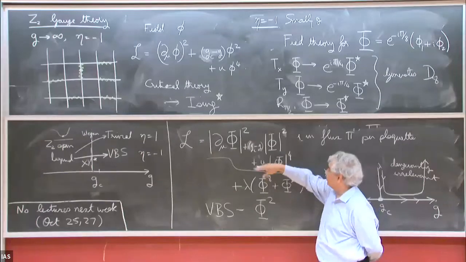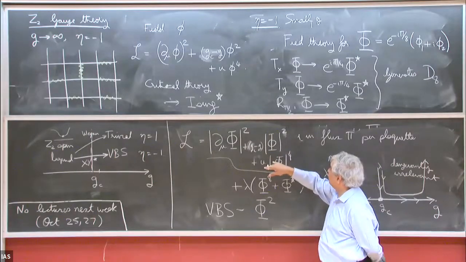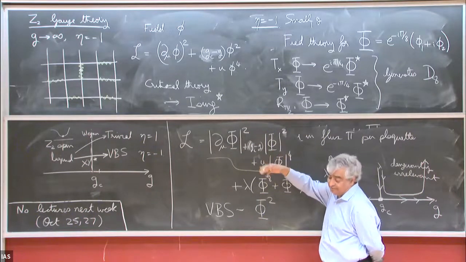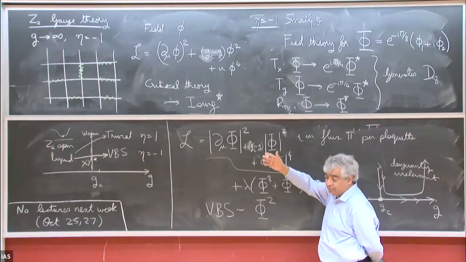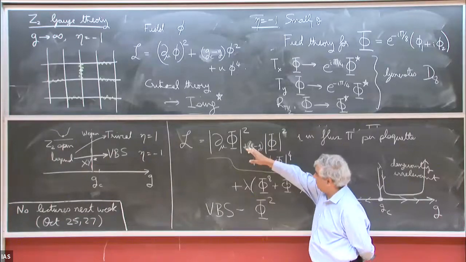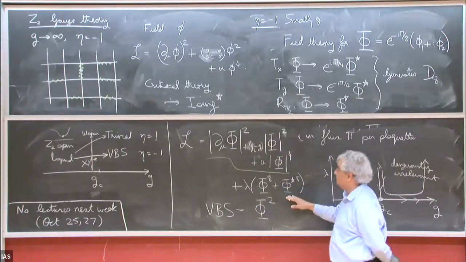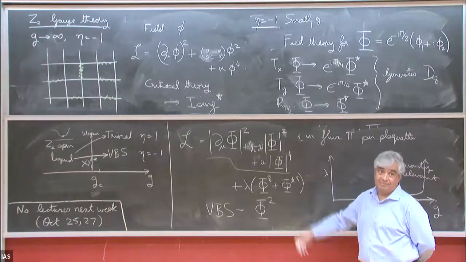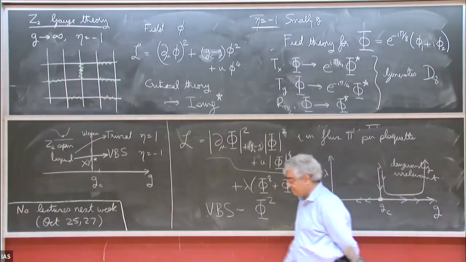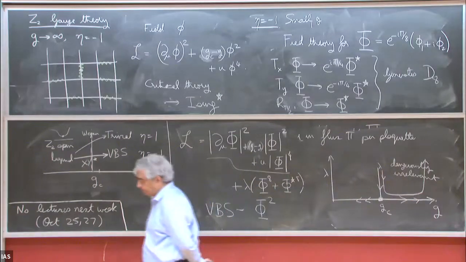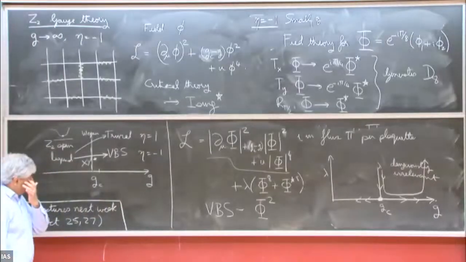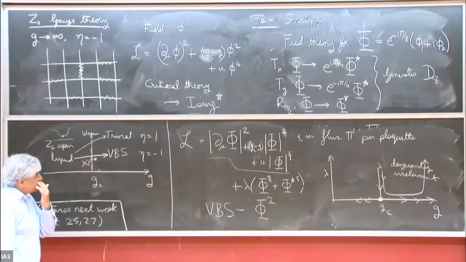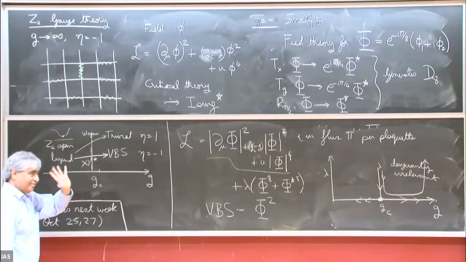That's a well-known duality where you take XY field theory and it's dual to a scalar coupled to a U1 gauge field with no monopoles. And this term then turns out to be a source term for the monopoles, but higher charged monopoles.